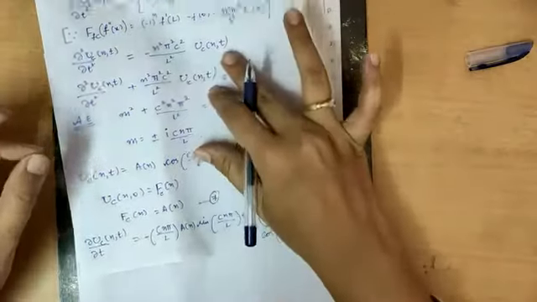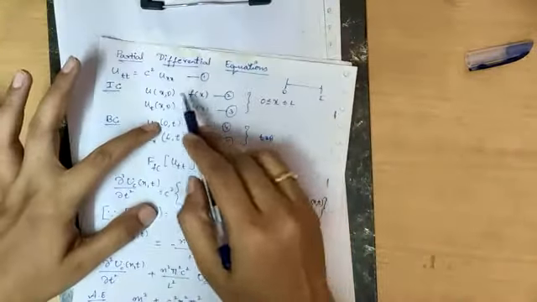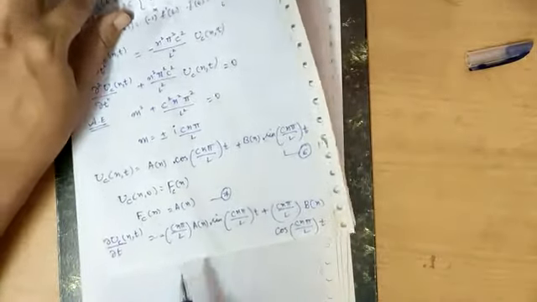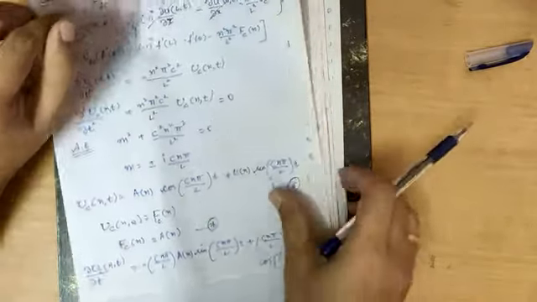So now take the finite Fourier cosine transform of your equation number 3, then substitute that in this equation. Okay, let's continue further.